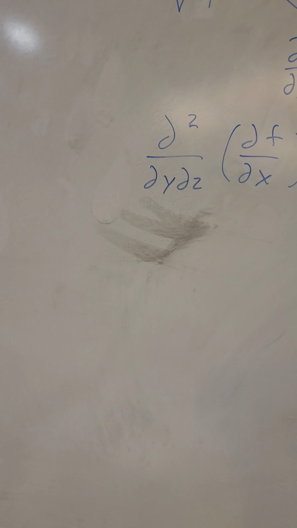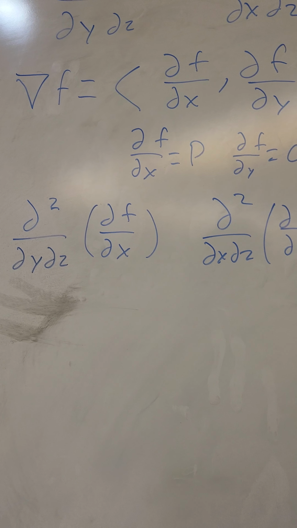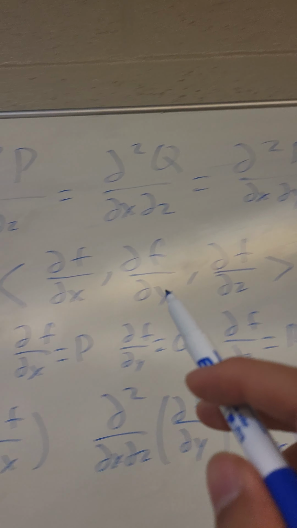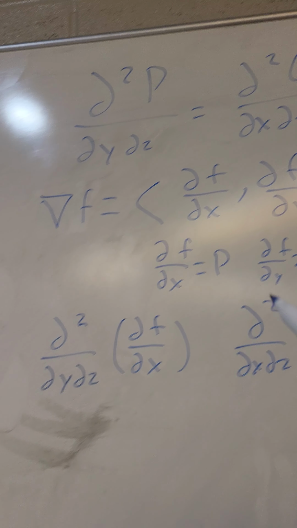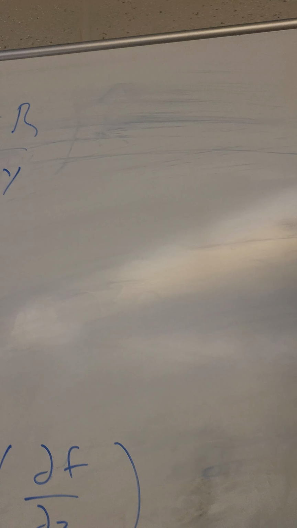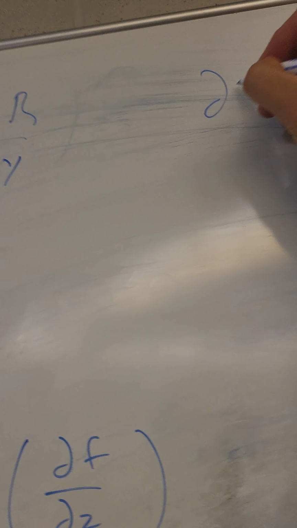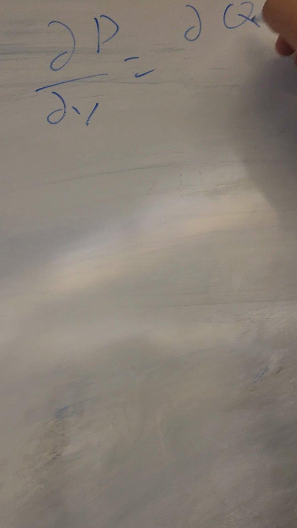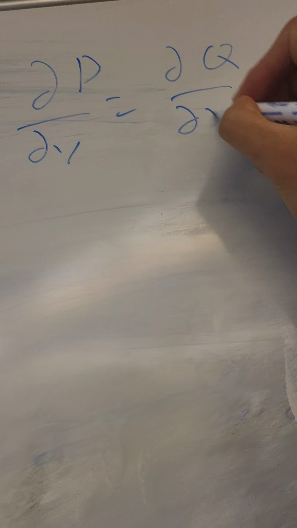So how I came to think of these equations is pretty much an extension of the equations that we were taught in a previous lesson. It's just partial p partial y equals partial q partial x.